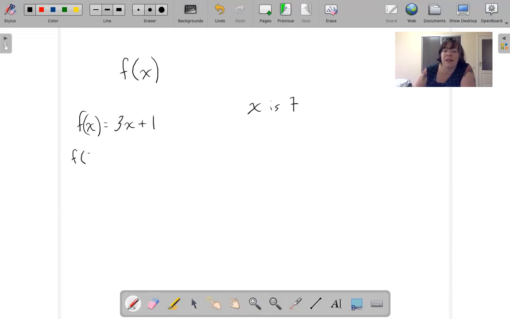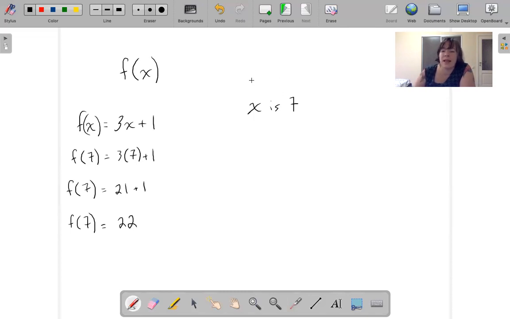F of 7 is 3 times 7 plus 1. F of 7 is 21 plus 1. F of 7 equals 22.